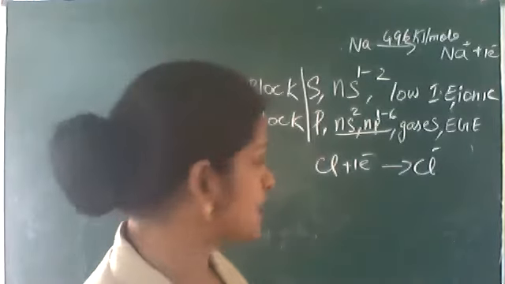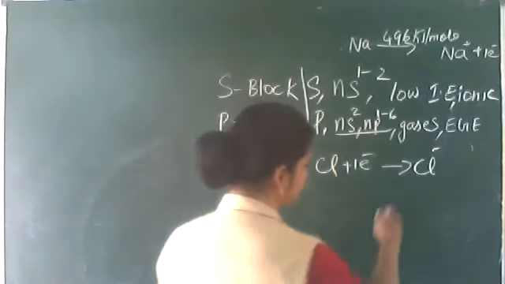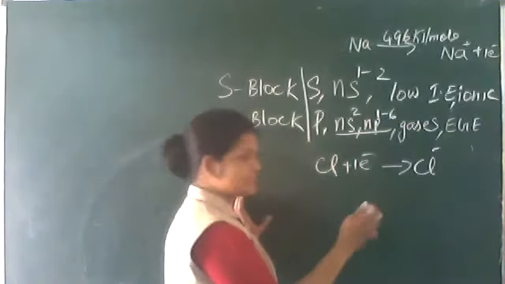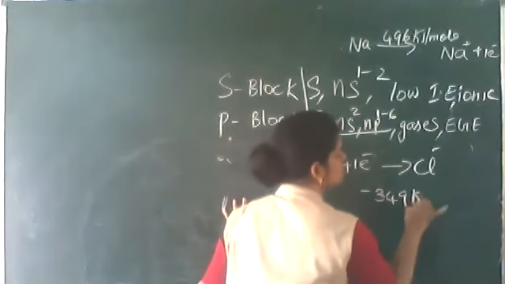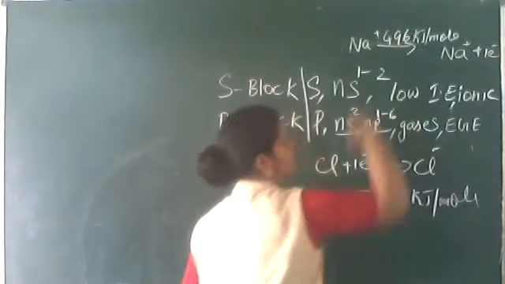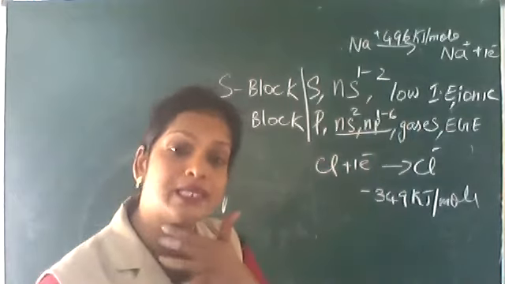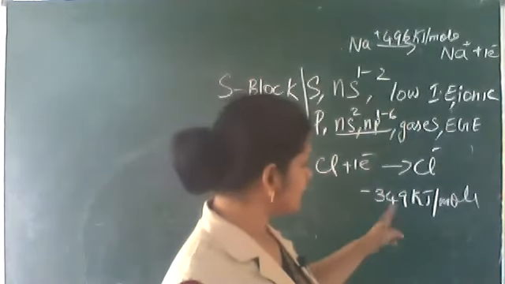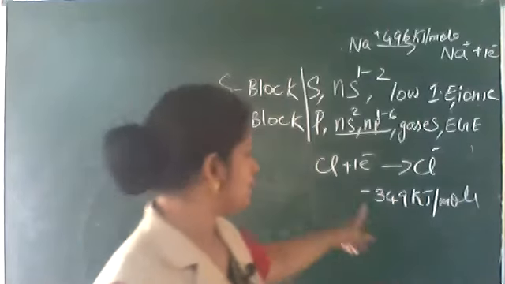How much amount of energy is released? That is called electron gain enthalpy. So in this case, that is minus 349 kilojoules per mole. Sodium, this is plus 496, that is required. Minus means this is released. So 349 kilojoules per mole is released. Released means minus sign.